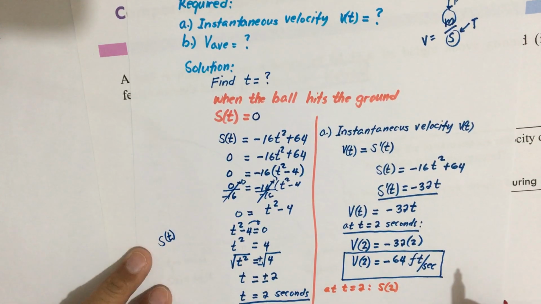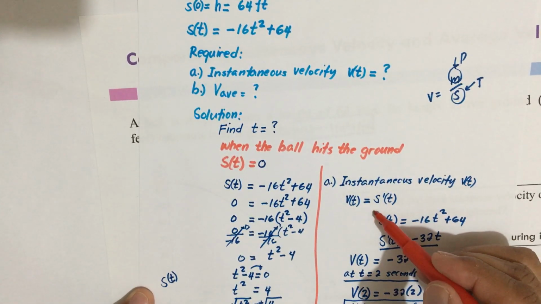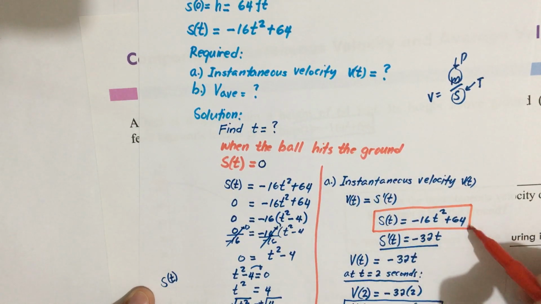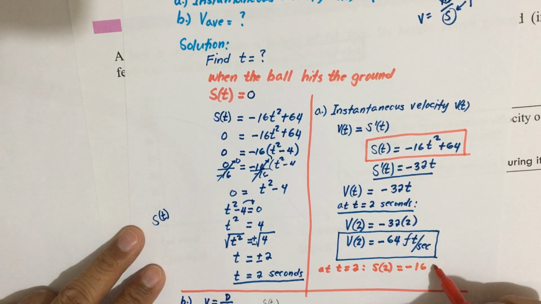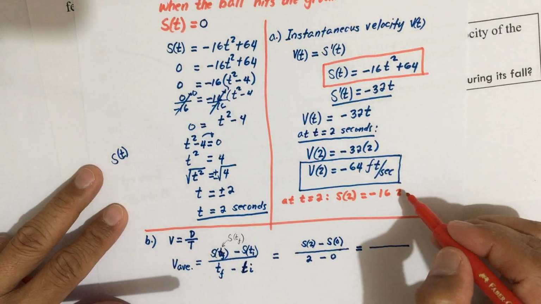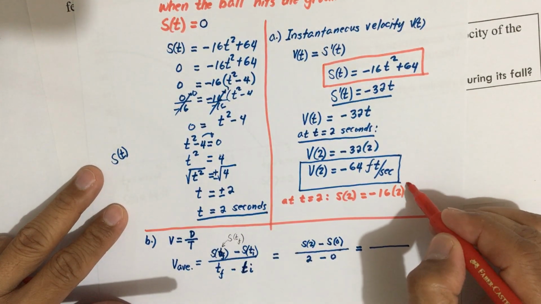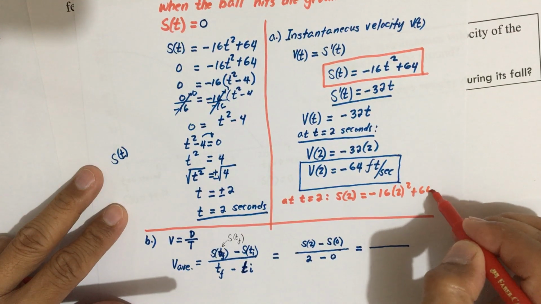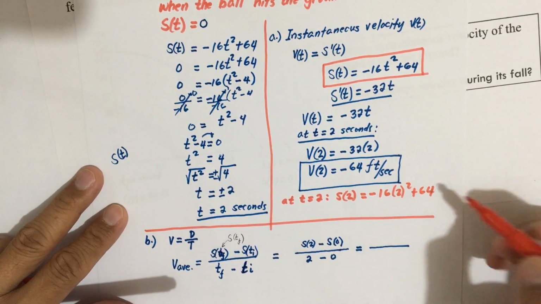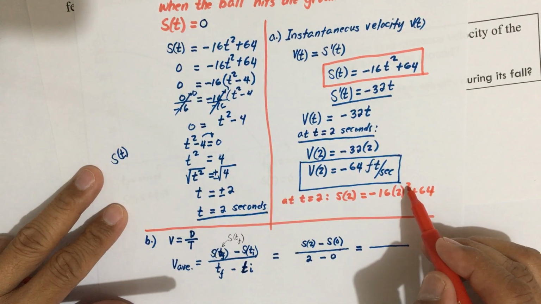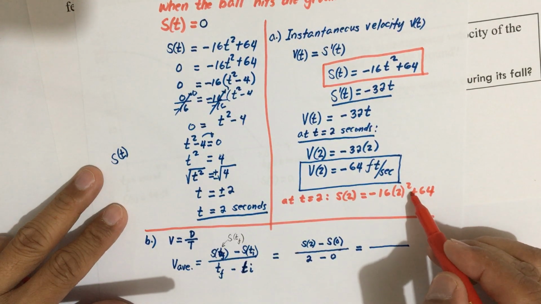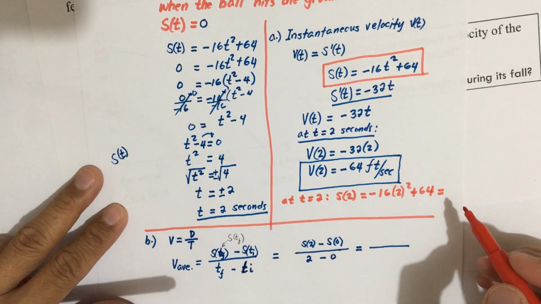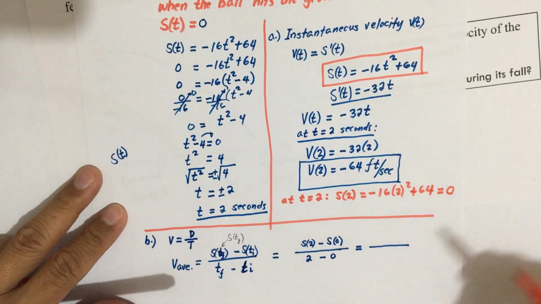We're going to substitute it in this function. So s sub 2 equal to minus 16 times 2 squared, then plus 64. So 2 squared is 4, times minus 16, so minus 64. Minus 64 plus 64 is equal to 0.